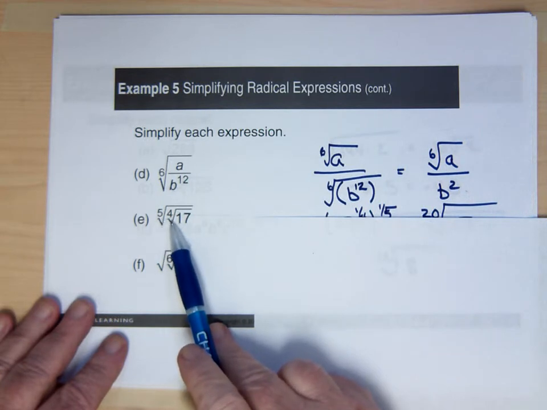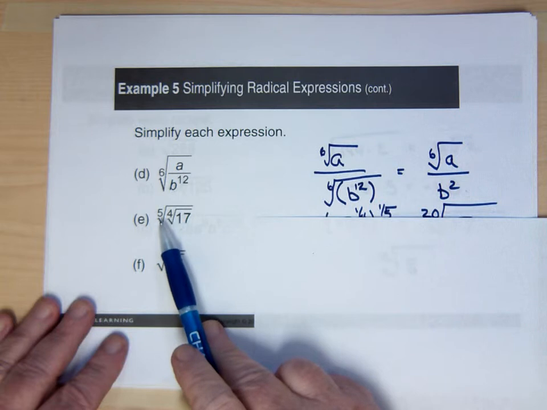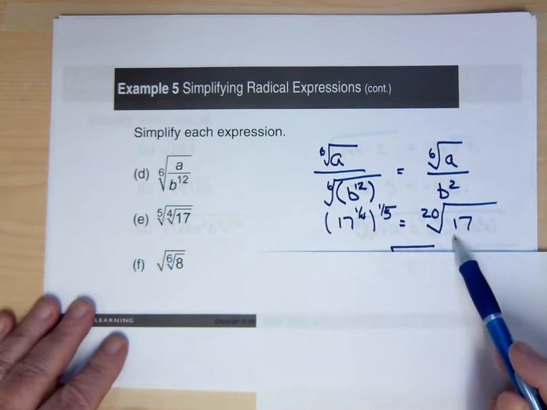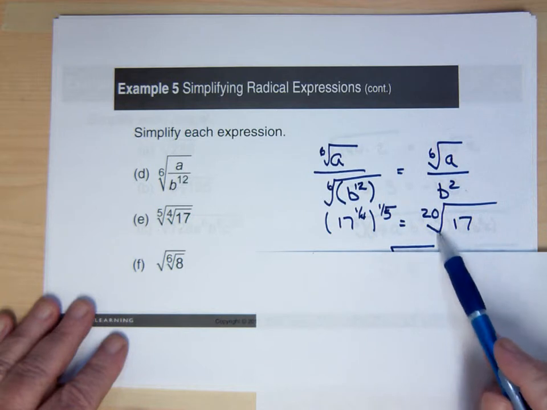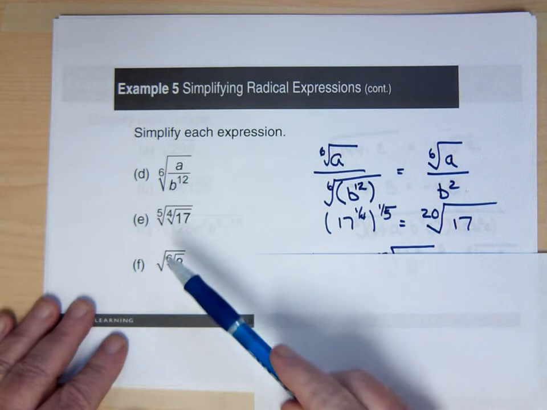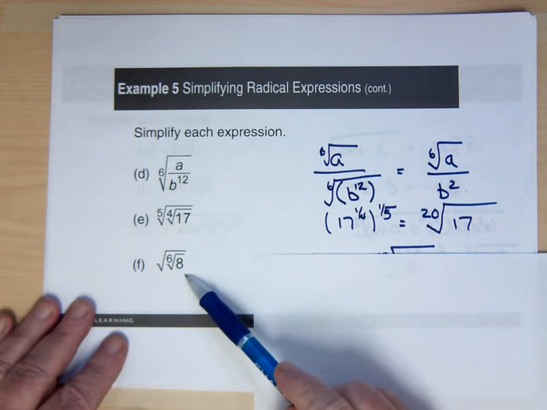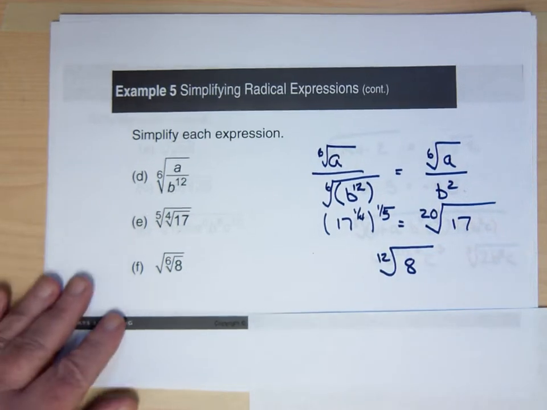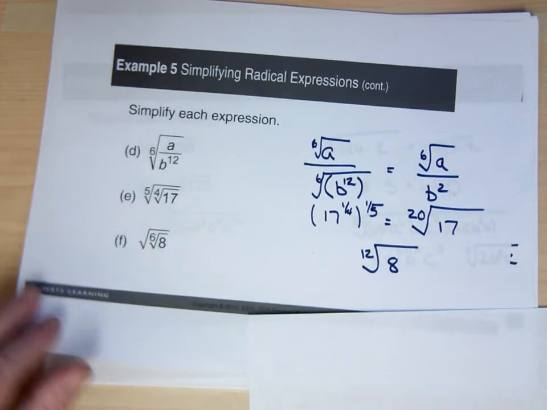So basically I'm going to have 1/4 times 1/5, or 17 raised to the 1 over 20 exponent, and that's the 20th root of 17. Here I'm taking the 1/6 root of 8, and then I'm taking the square root of that. And so that is going to be the 12th root of 8, or 8 to the 1 over 12.